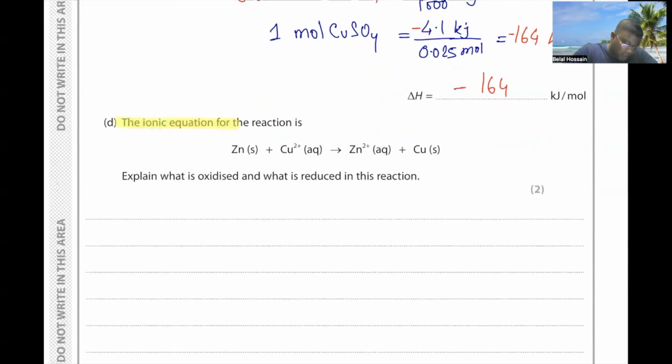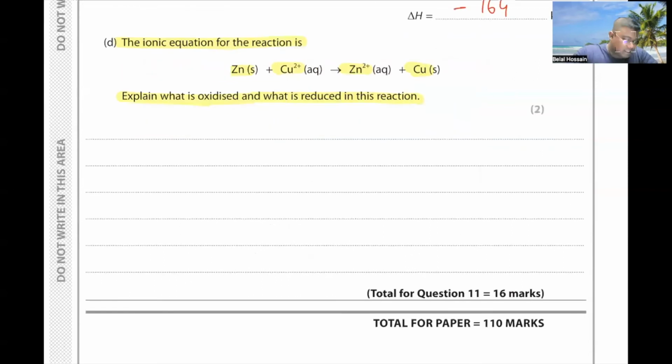Part D. The ionic equation for the reaction is Zn + Cu²⁺ → Zn²⁺ + Cu. Explain what is oxidized and what is reduced in this reaction. So we can easily say that in this reaction, zinc goes from oxidation state 0 to oxidation state +2, that is oxidation, and Cu²⁺ goes from +2 oxidation state to 0, that is reduction.